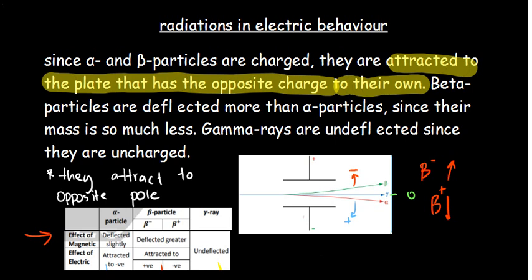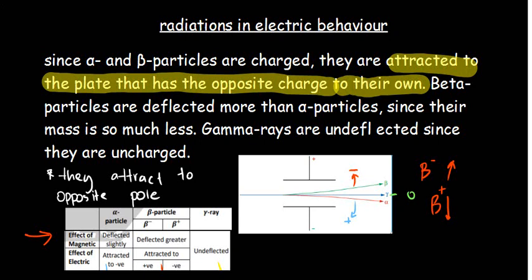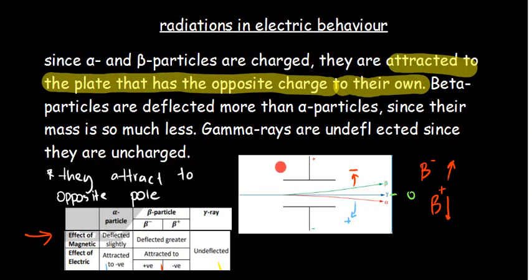Since the alpha and beta particles are charged, they are attracted to the plate that has the opposite charge to their own. Beta particles are deflected more than alpha particles since their mass is much less. Gamma rays are undeflected since they are uncharged. I think that's something you should know.